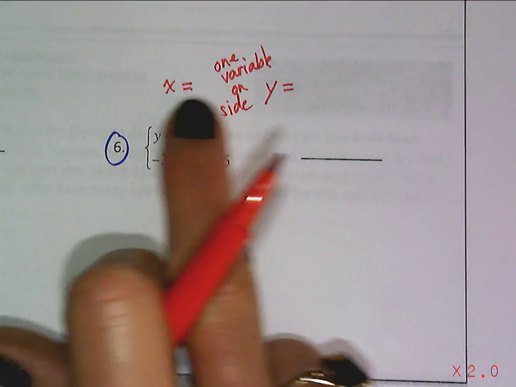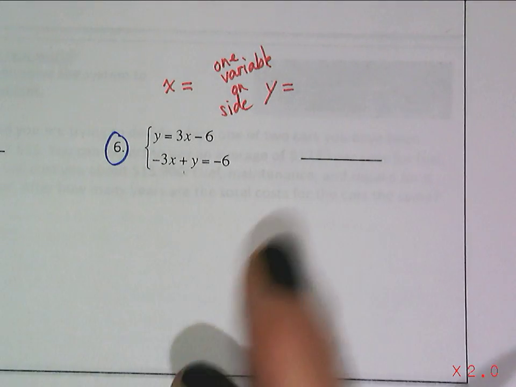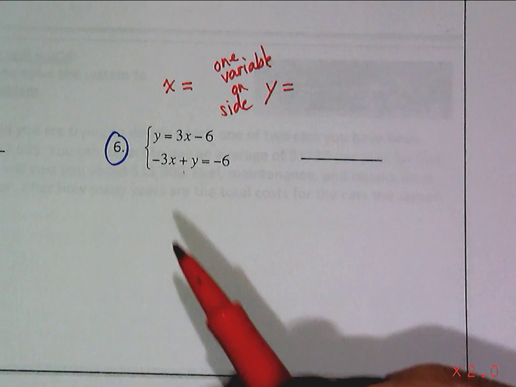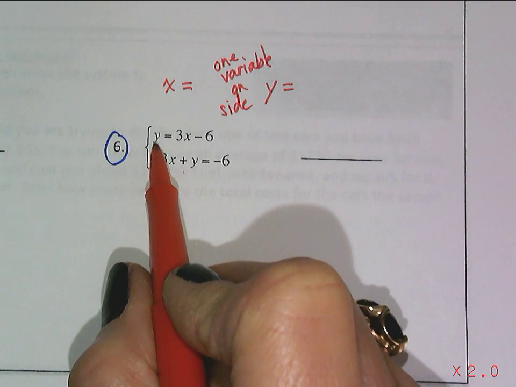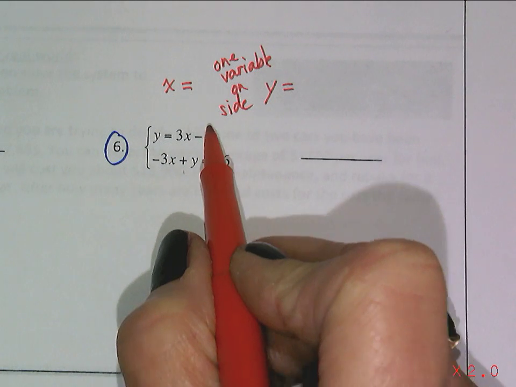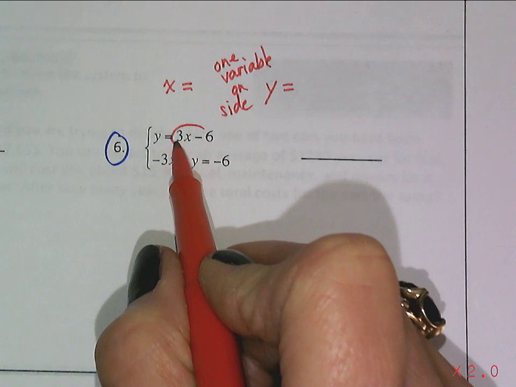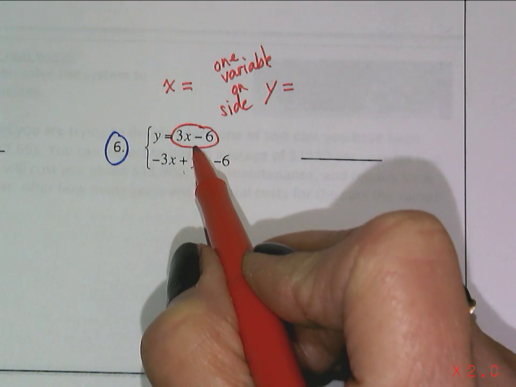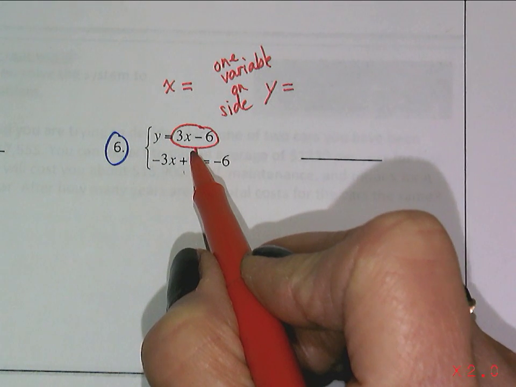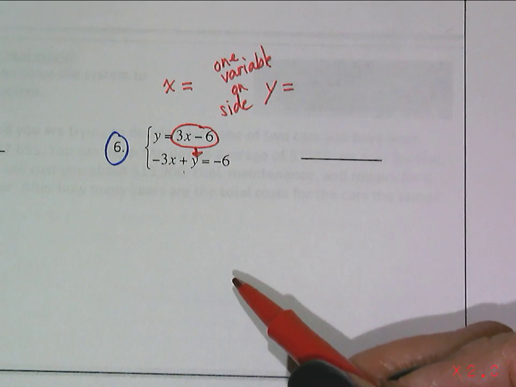So I'm looking for this because that's my plan for substitution. The idea is, since the top equation says y equals 3x minus 6, I'm going to take what y equals in this equation, and I'm going to substitute it or replace the y for the other equation.